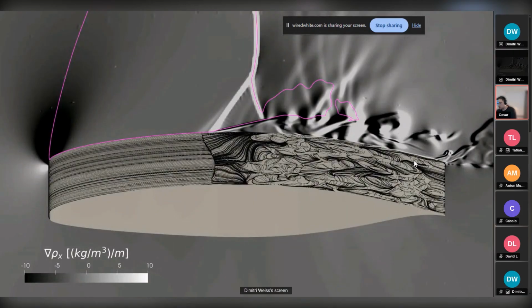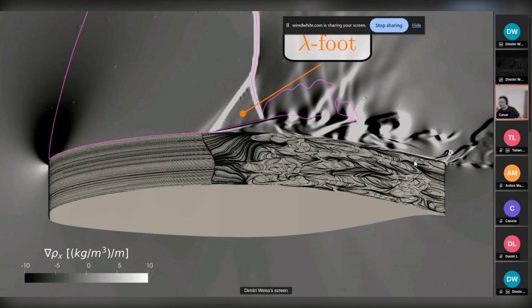We have a normal shock that causes a pressure rise in the boundary layer, and as a consequence, we have an oblique shock that terminates in this normal shock, and this is a very typical sign of shock-induced separation in transonic flow. Can you press twice the slide?